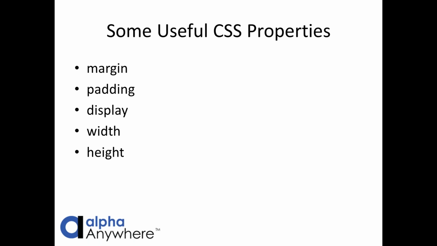So if your element has a border and your content's all squished up against the border, you probably need more padding. If your content has a border and it's all squished up against everything else, you probably need more margin. Likewise, the opposite is true. If it feels like that border is way too far out from your content, you can make it smaller. Same with the margin.